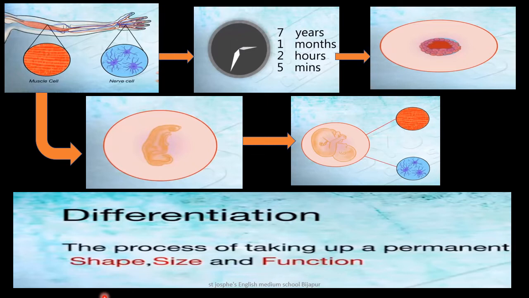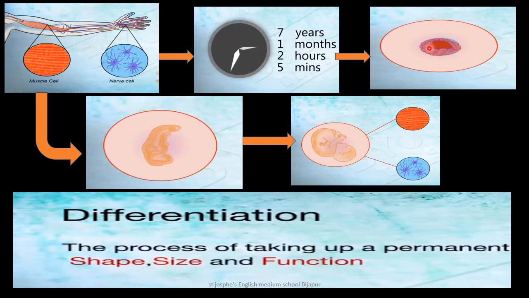The heart is not going to get converted into stomach or kidney after a few days. It will remain as a heart and continue to perform its function of pumping the blood. So this is differentiation: the process of taking up a permanent shape, size and function.